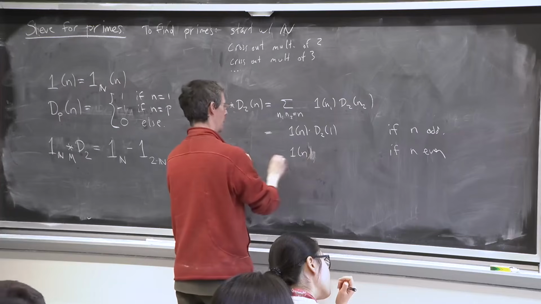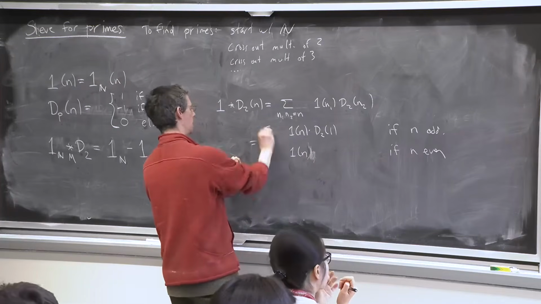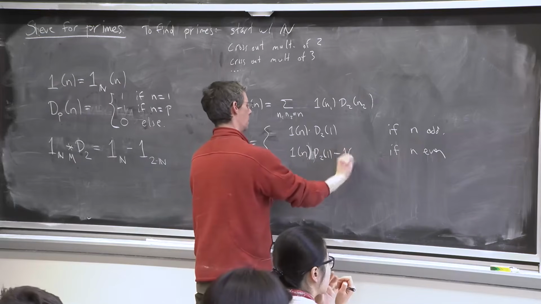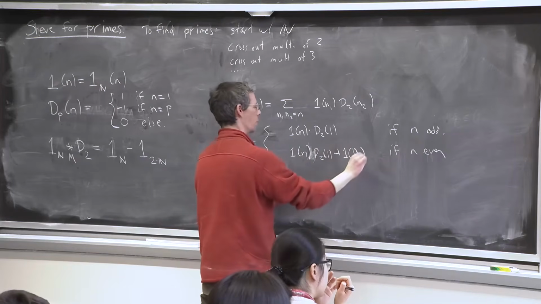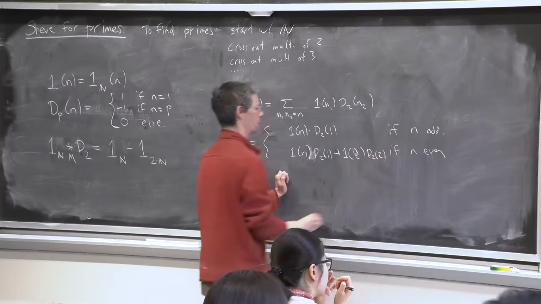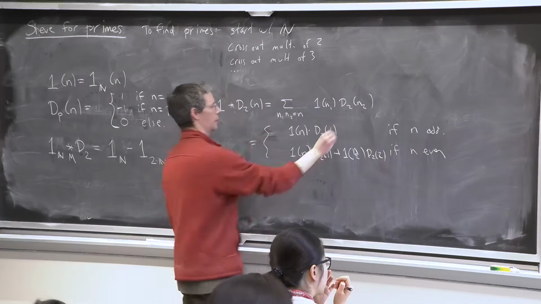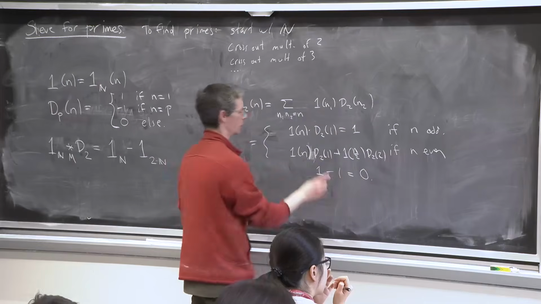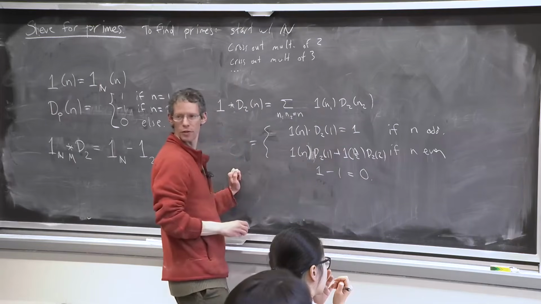So with cases, it is 1 of n times d2 of 1 plus 1 of n over 2 times d2 of 2. So this is just 1, and this is 1 minus 1, which is 0. So we're left with the characteristic function of the odd numbers.